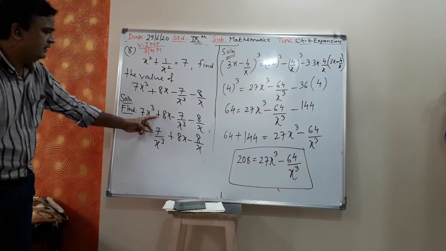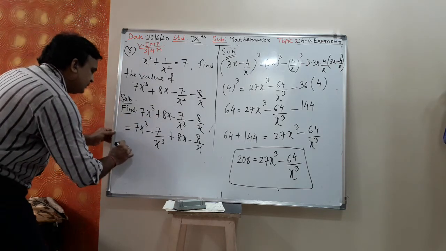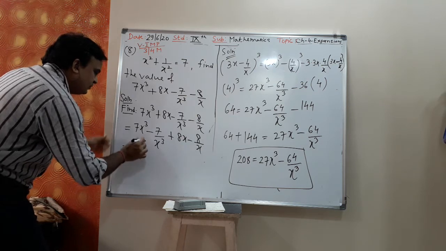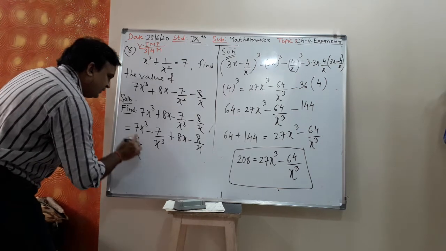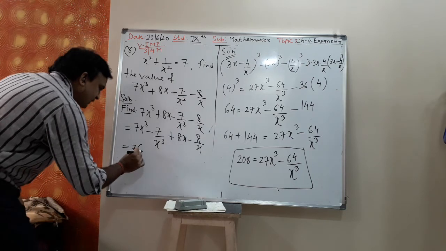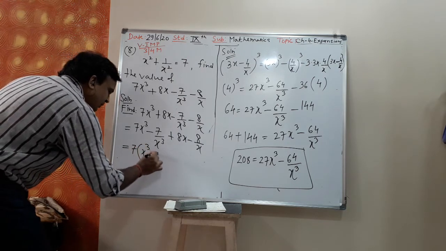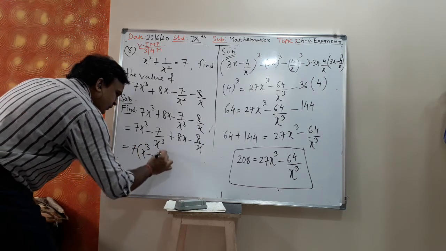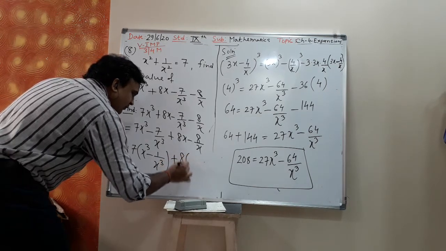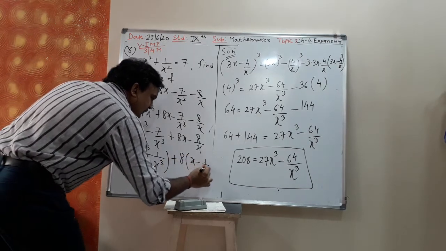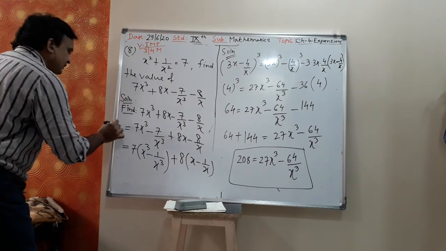Now 7 is common. What is left? x cube minus 1 upon x cube is left. Then 8 is common. What is left? x minus 1 upon x.